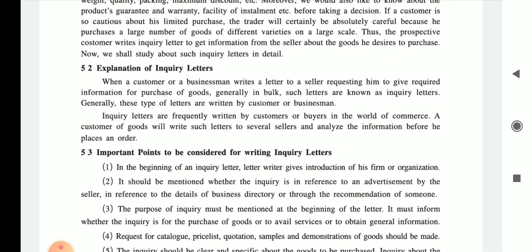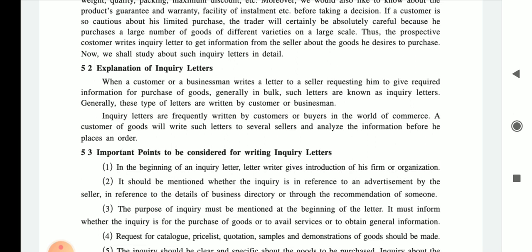A prospective customer writes letters about so many goods to so many sellers. That is how he or she will be able to compare the products as well as the sellers.